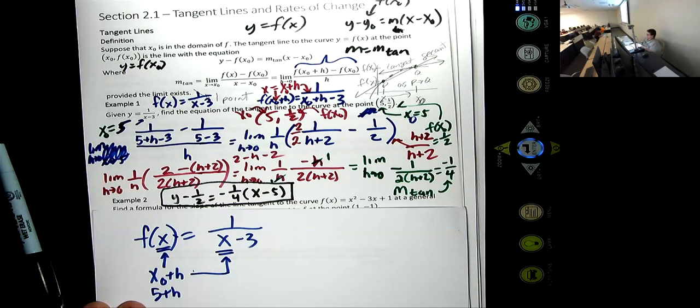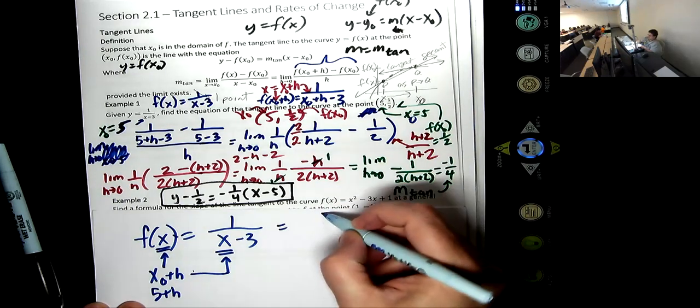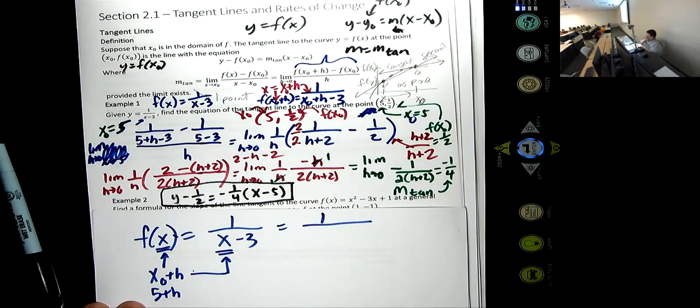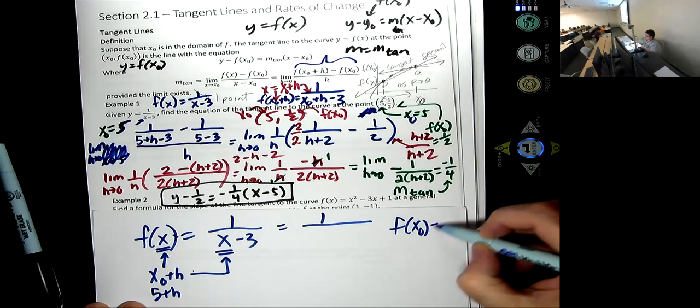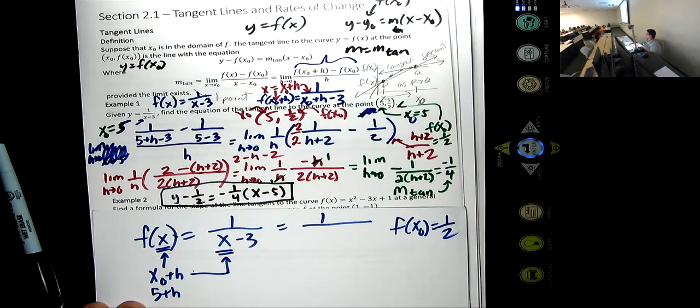Okay. You also wrote that f of x naught was equal to 1/2. That's f of x naught, so it's different from f of x naught plus h. That's the difference. Correct. Oh, okay, I get it. Yeah, f of x naught, we actually know the value.